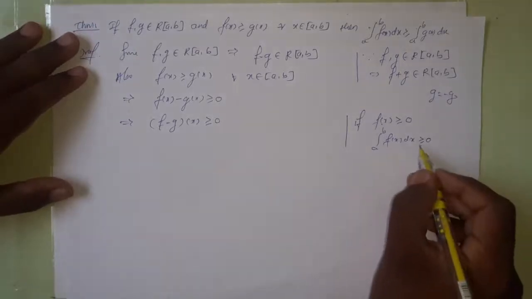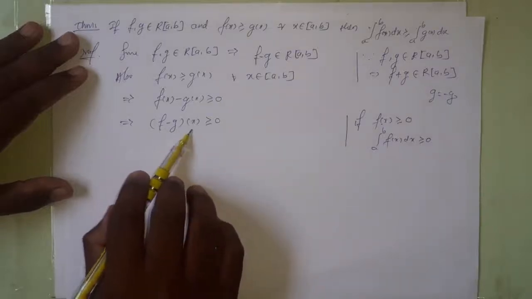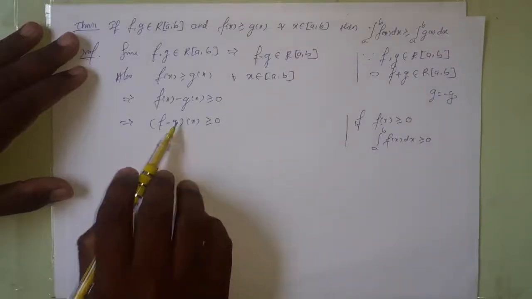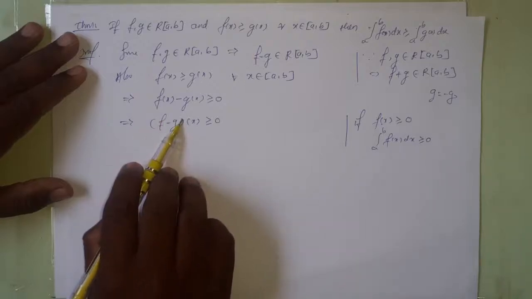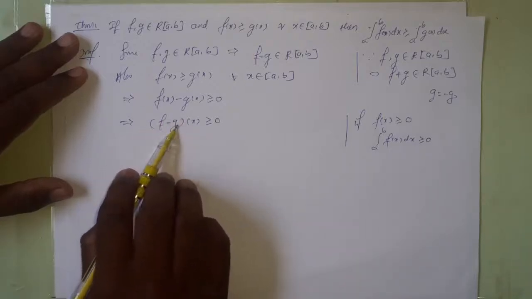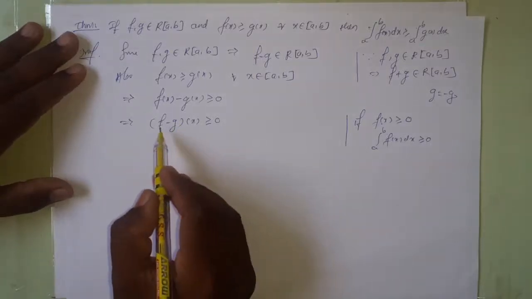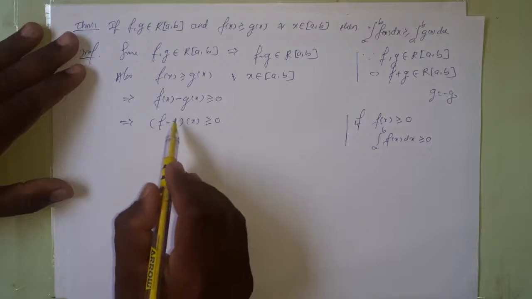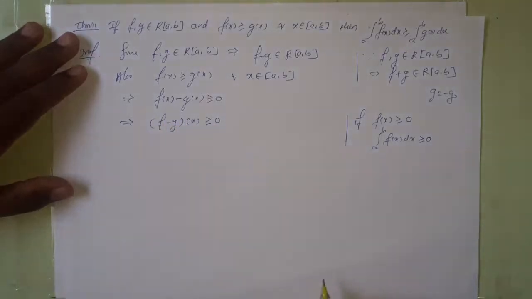By using this theorem, since (f minus g)(x) is greater than or equal to 0, where f minus g, the difference of two functions, is a single function, its Riemann integral is always greater than or equal to 0.